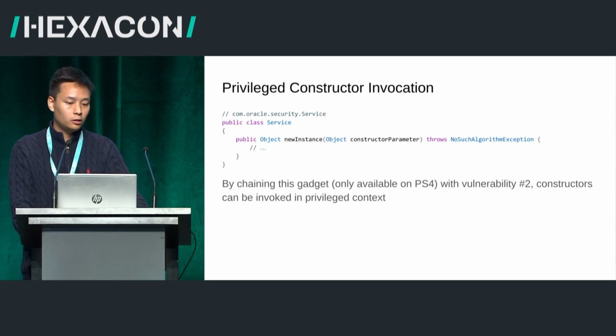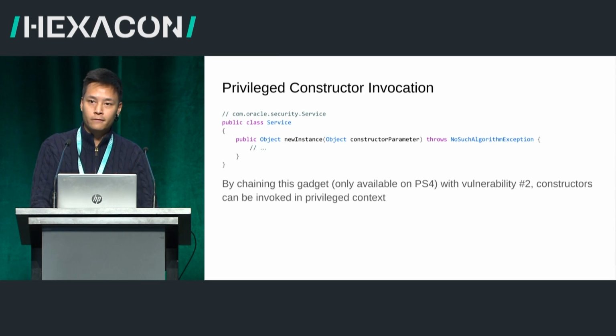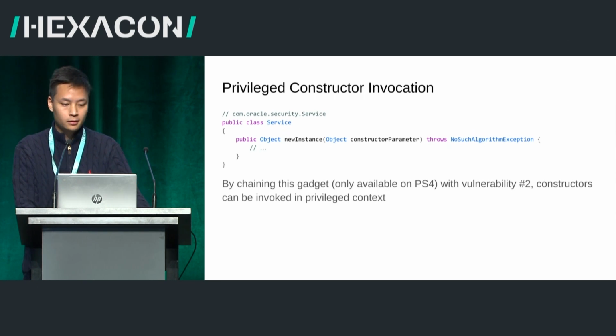With the ability to call methods in privileged context, we can invoke a few interesting methods. However, there are certain limitations as described earlier. And with the following gadget, which is only available on the PS4, we can instantiate a class with one argument. Chaining that with the privileged method invocation, we can now also invoke constructors in privileged context.